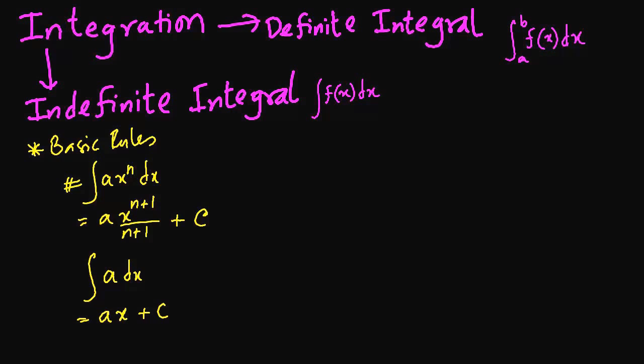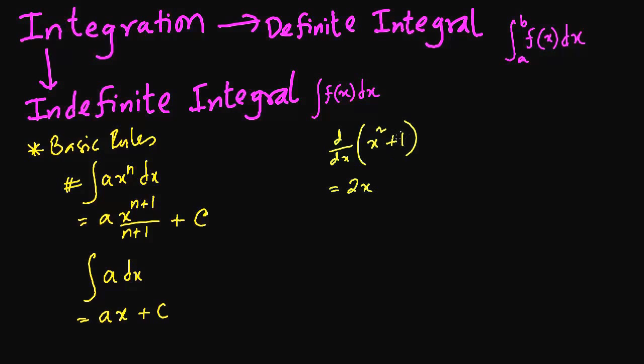Now why do we have to write down the plus c? Well, it has to do with the fundamental rule of calculus. Remember, the fundamental rule of calculus states that integration is the opposite of differentiation. So when we differentiate something, for example, d by dx of x squared plus 1, the derivative is twice x.